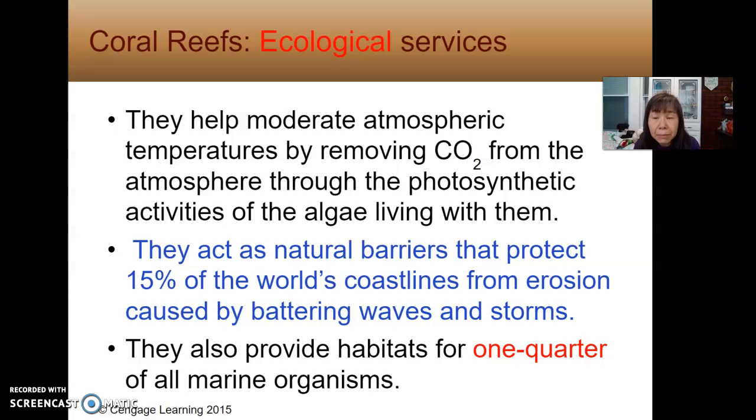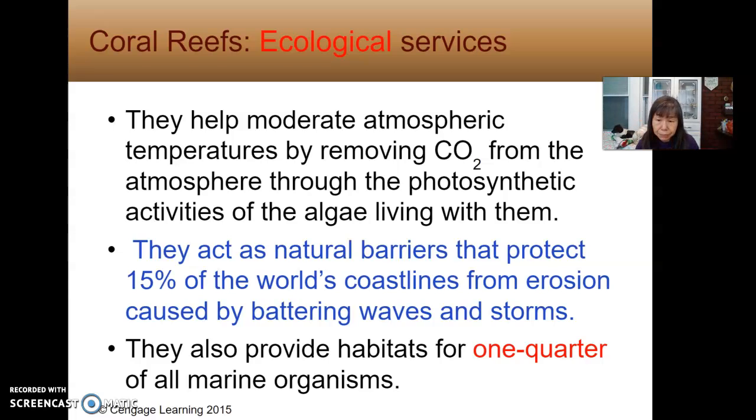They help moderate atmospheric temperatures by removing CO2 from the atmosphere through the photosynthetic activity of the algae living in them. They also act as natural barriers that protect 15% of the world's coastlines from erosion caused by battering waves and storms, because they live on the seashore and can buffer the waves.